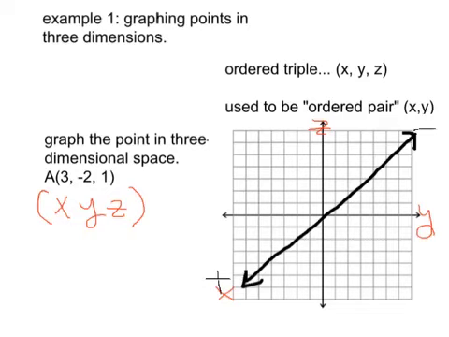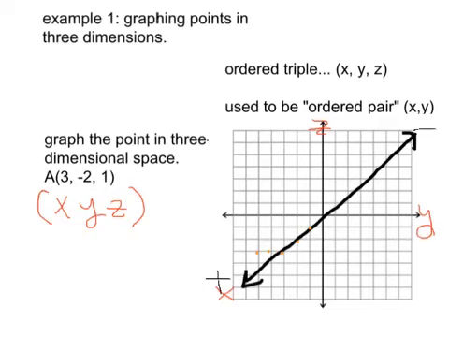The best thing to do, let me get a different color here, is to start at your origin and start going 3 in the positive x direction. 1, 2, 3. Okay, and stay there and go negative 2 in the y direction. 1, 2.